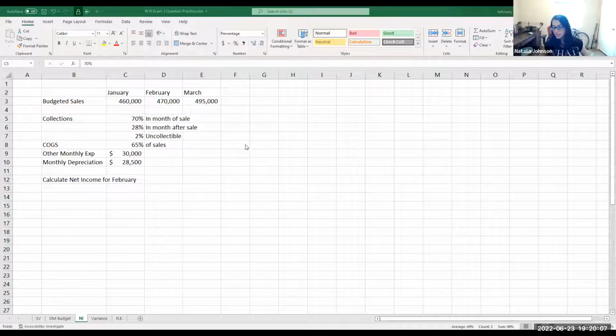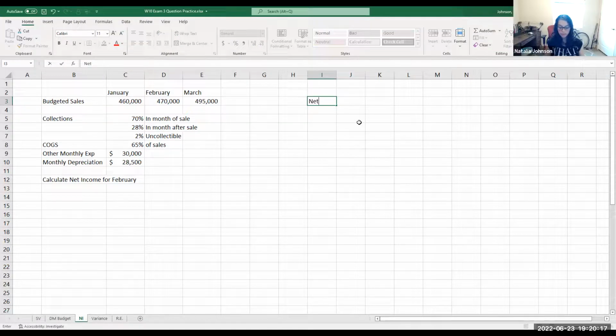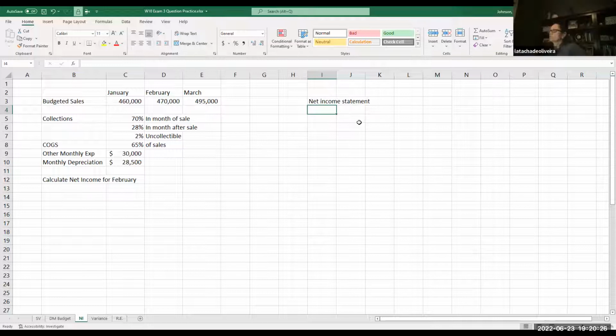We can do this one together again. So for net income, we need the income statement. And what is the first thing that goes in the income statement? Sales.